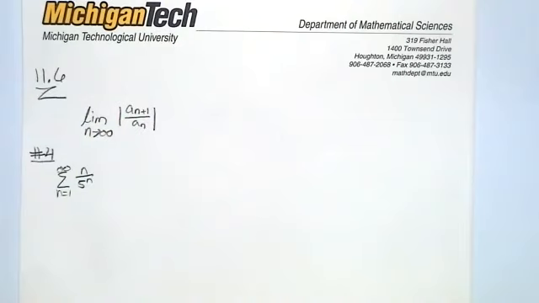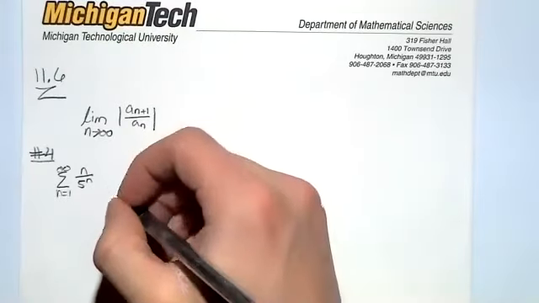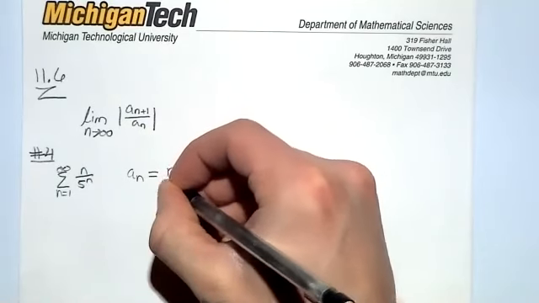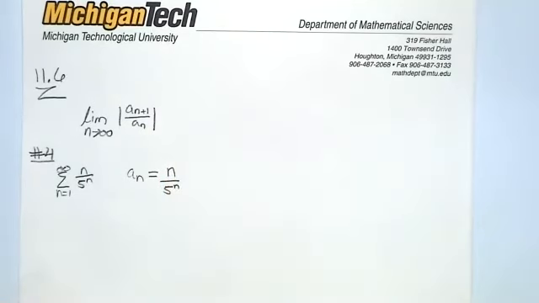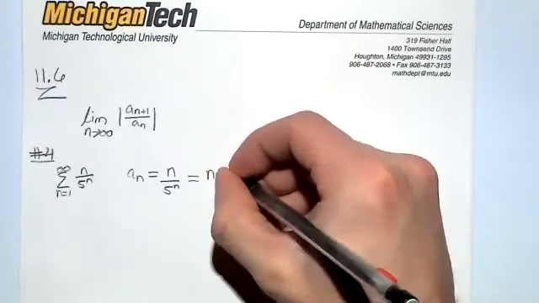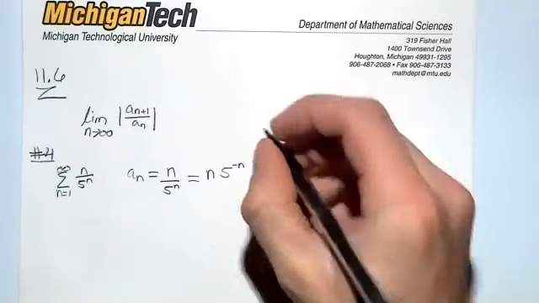Okay, so now the first step of this question is to identify a sub n. A couple different ways we can do this. I like to kind of leave it just as is. So a sub n is going to equal n divided by 5 to the n. We could also rewrite it as n times 5 to the negative n.